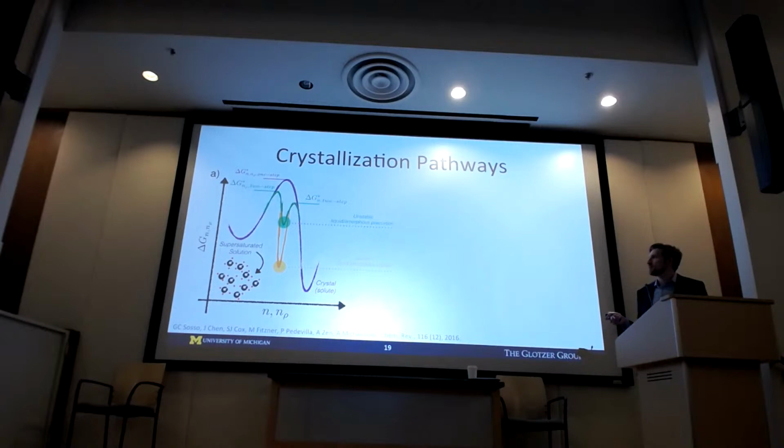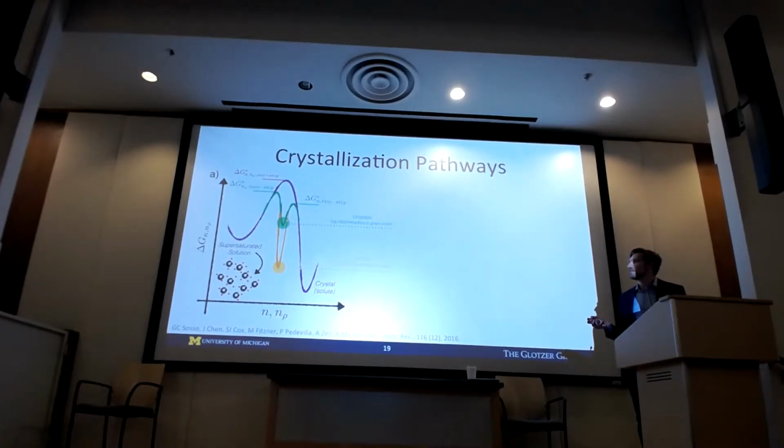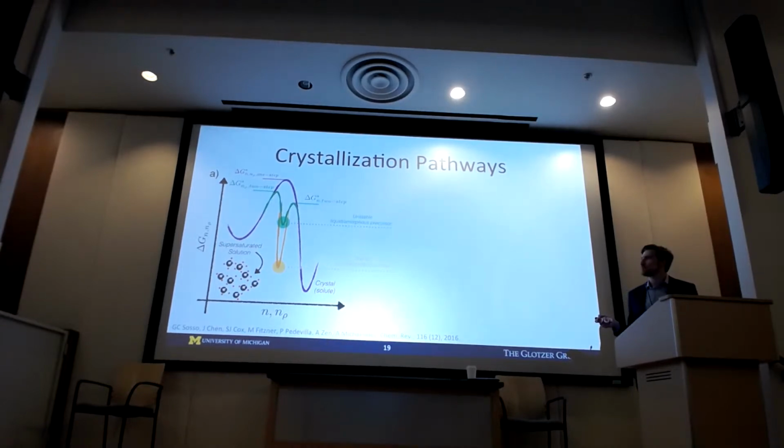Maybe there's some kind of intermediate state that is somewhat similar to the liquid and somewhat similar to the crystal structure that will eventually form, but it's somewhere in the middle, and it's easier to form. So while this isn't ideal, it's maybe a little easier to get there, and then eventually we can fall into the final crystal structure.